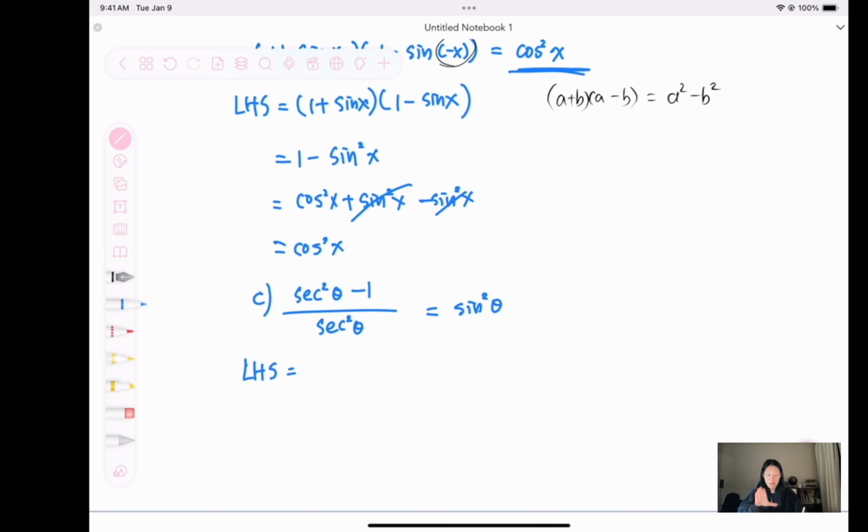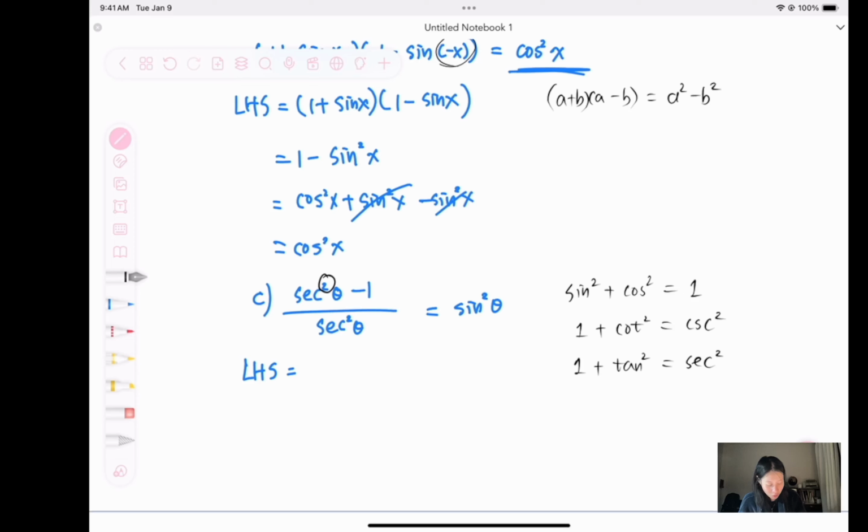Whenever you see a square, the first thing you think about is the 3 Pythagorean identities: sine squared plus cosine squared equals 1, 1 plus cotangent squared equals cosecant squared, and 1 plus tangent squared equals secant squared. If you don't remember, just write it on the side to remind yourself.